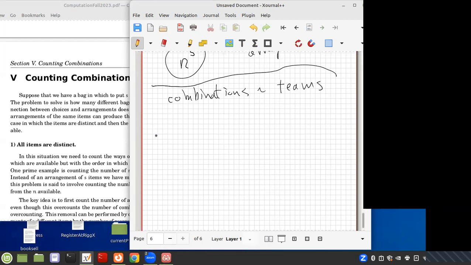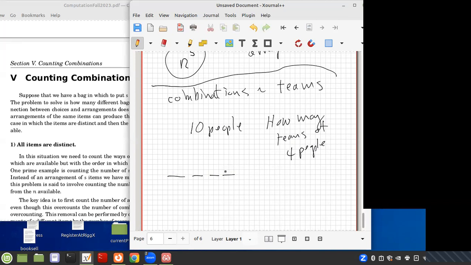So let's do that case. Let's say we had 10 people and we want to know how many teams of, let's say, 4 people. How many ways can we form a team with 4 people of this, right? Well, here's the way to do it.